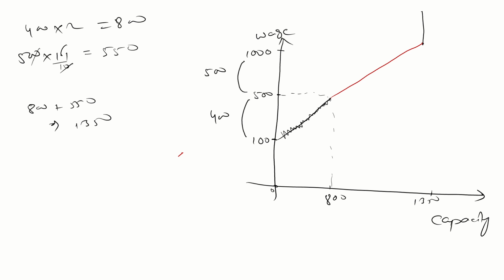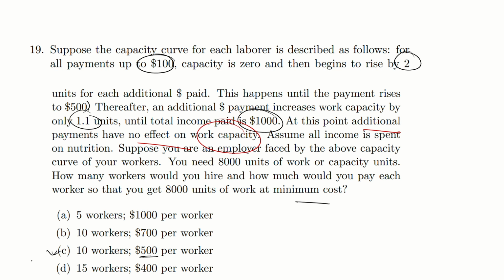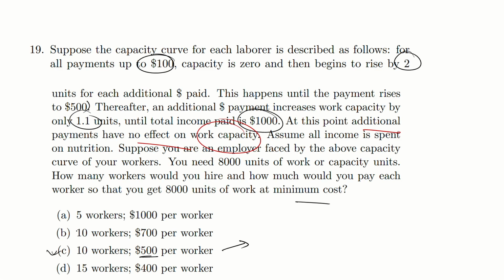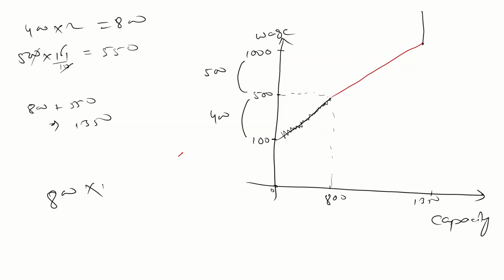So guys, look here. If you take option C, at 500, the work is how much? 800 by one laborer, but there are 10 laborers, so into 10, there are 8,000.